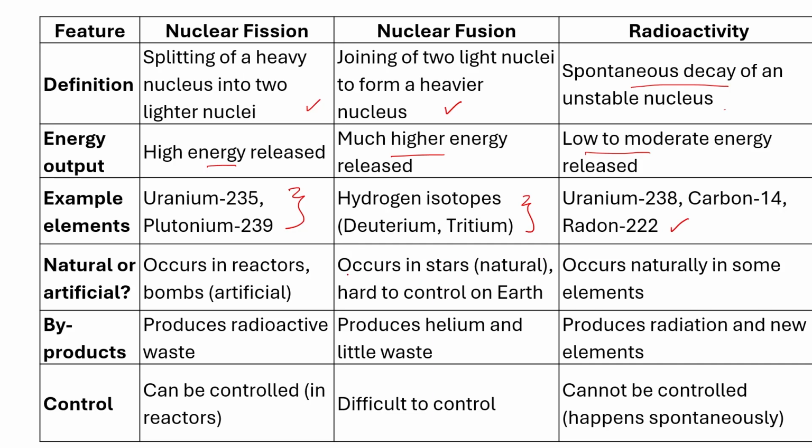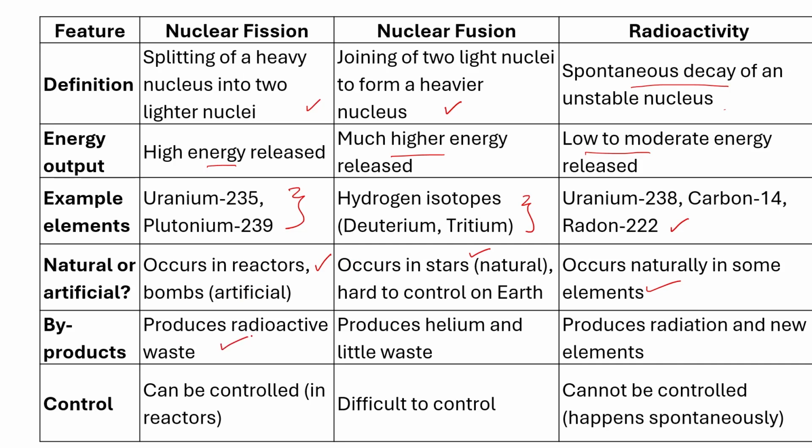So this occurs in nuclear reactors, nuclear fusion occurs in nuclear reactors, and of course atomic bombs. Then fission occurs in the stars. Then radioactivity occurs in naturally occurring elements called radioisotopes. Then what are the byproducts?